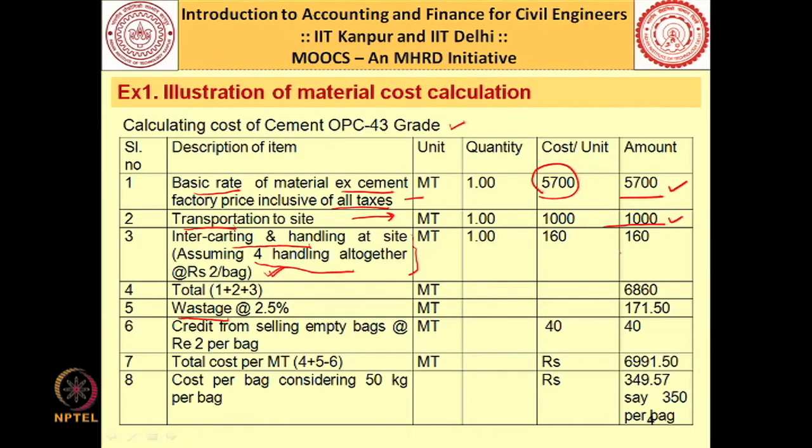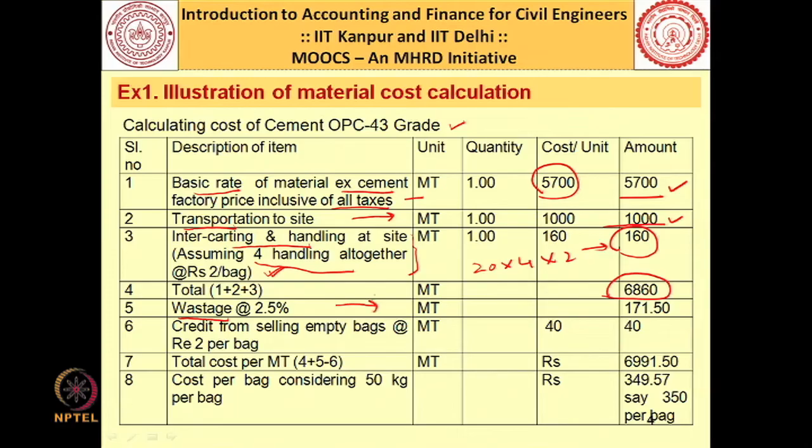So, that way I have calculated it to be 160 rupees per metric ton, because in 1 metric ton you have about 20 bags, 4 handlings, 2 rupees per bag. So, 20 into 4 into 2, that brings me 160 rupees per metric ton. So, if you add all three you will get 6,860 rupees.